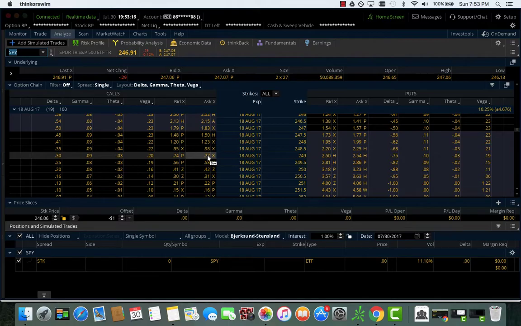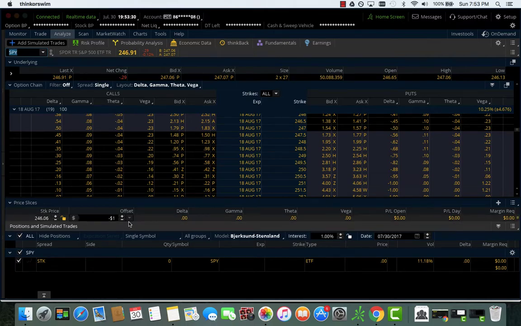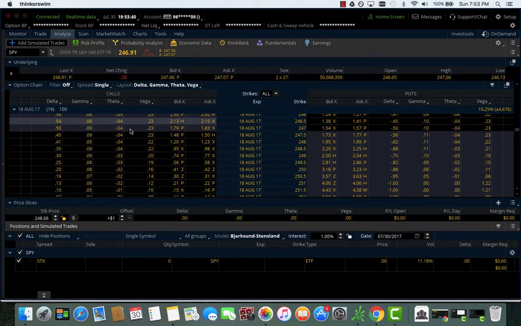Now remember, the first thing about delta is that it measures the predicted price movement of an option per every $1 move in the underlying stock. You can see here we are going to stress the position as if SPY is up $1. So right now it's down $1. We're going to set it to +1, right? So, 248, there you go.